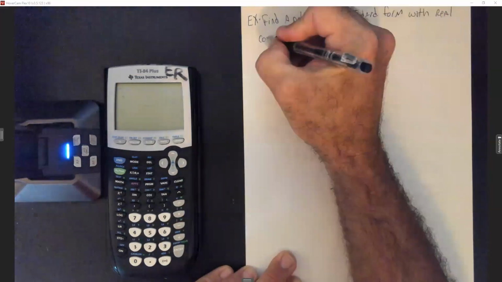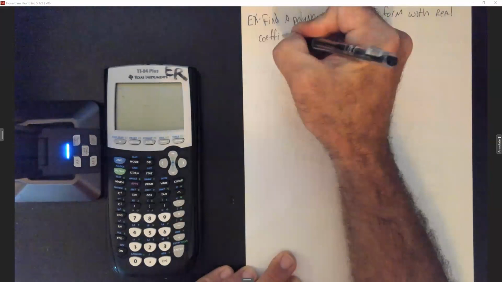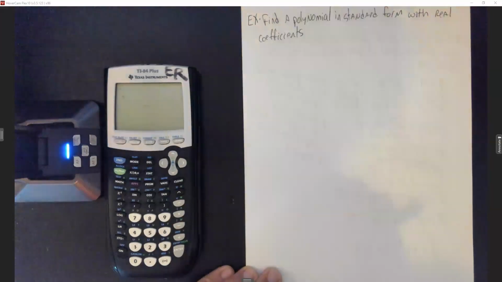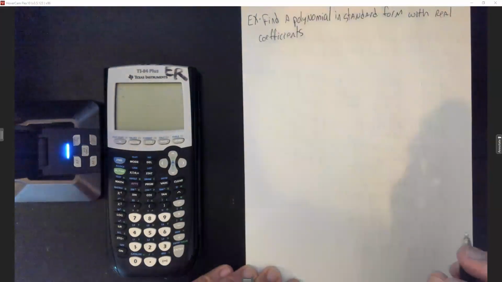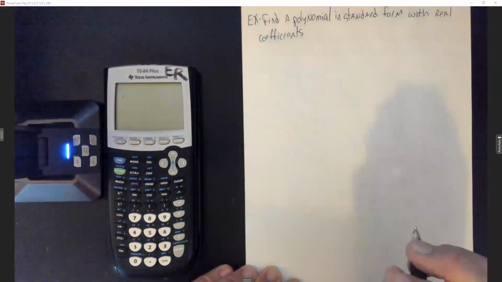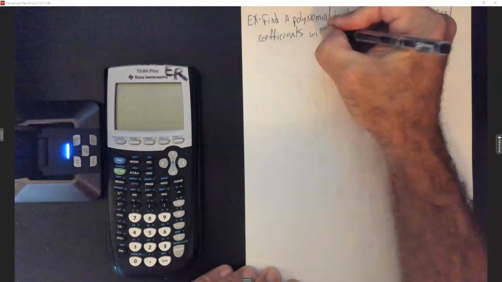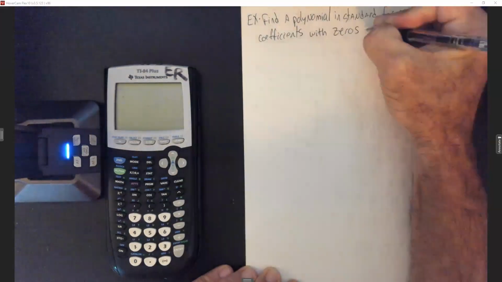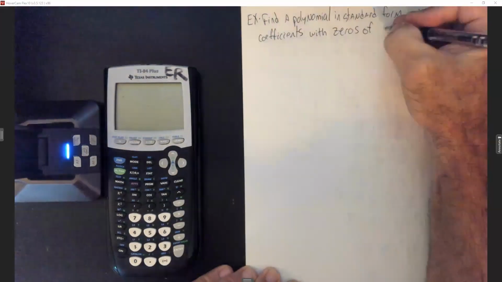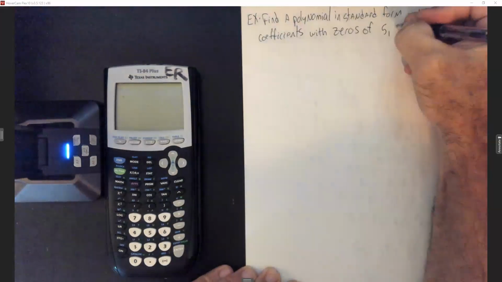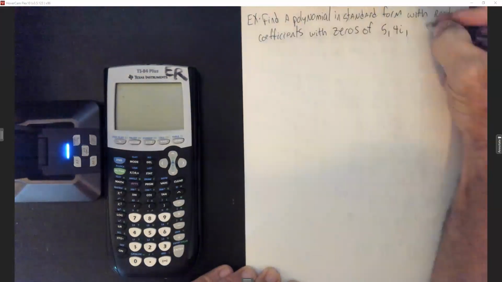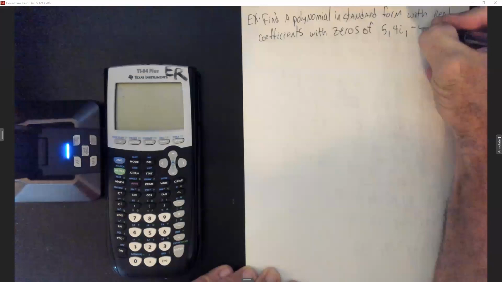That just means we want real numbers. We don't want no imaginary numbers on our final polynomial, okay? With zeros of 5, 4i, and negative 4i.